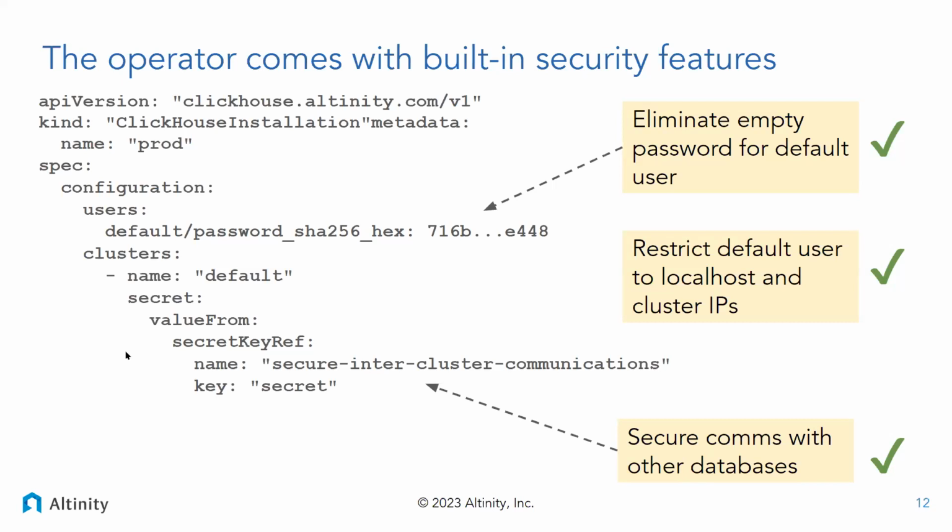It's going to be called default. We're going to have a user defined on that, and that is the default ClickHouse user. In fact, one of the nice features that the operator has is the ability to set a password for the default user. Very easy to do, just by a single line. This is a SHA-256 encoded password, which you can put in there, and now your default user is protected.